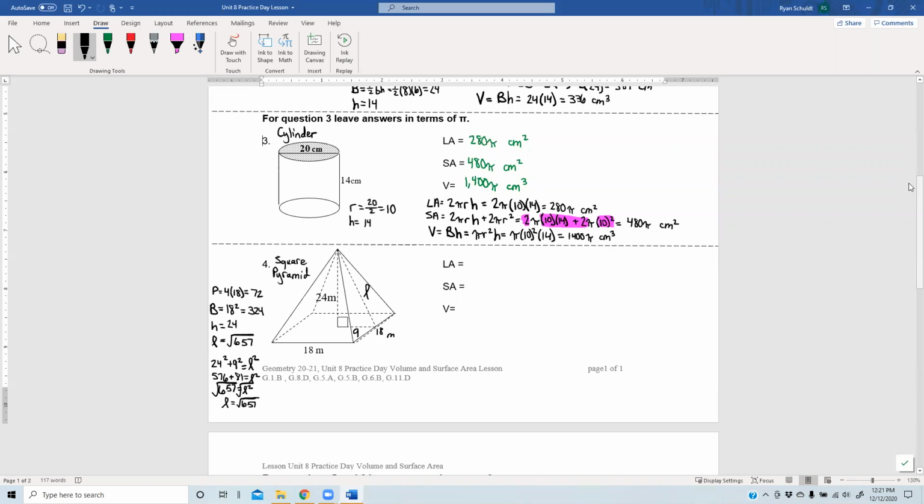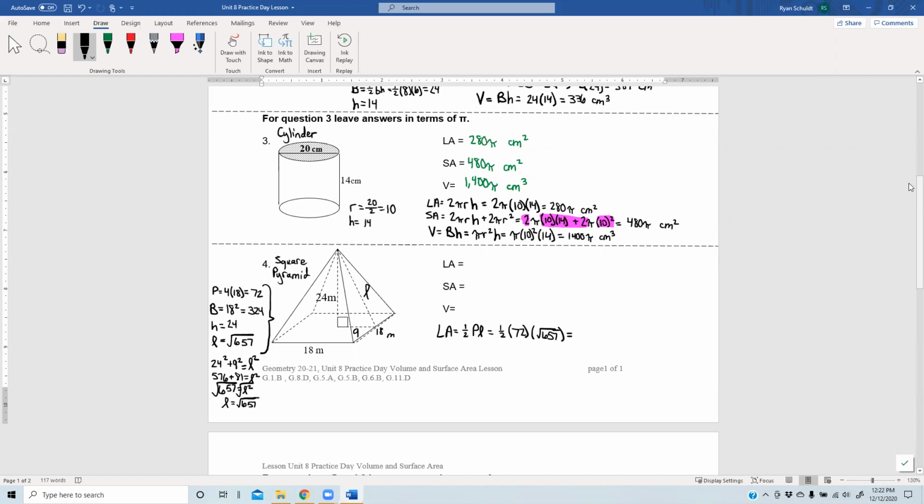Okay, now we have everything we need. We have the 4 items that we need, so we can start plugging in. For lateral area, it's going to be 1/2 PL. So 1/2, perimeter is 72. Slant height, well, that was that ugly square root, square root of 657. And when we do this, let's do it to the nearest hundredth.